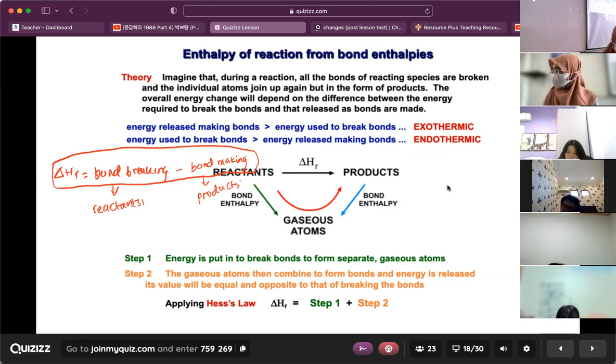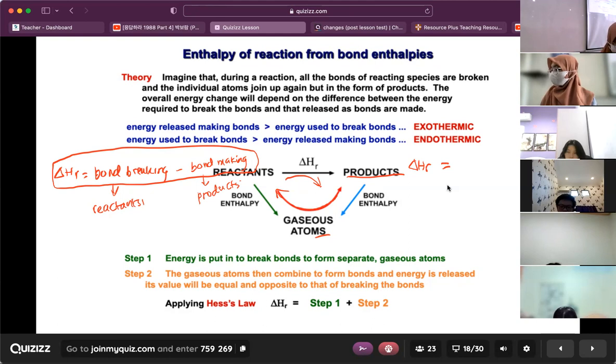So if we have used this one, delta HR clockwise is equal to anticlockwise. Clockwise, delta HR equals the bond enthalpy from products to gaseous atoms, meaning that it must be forming.